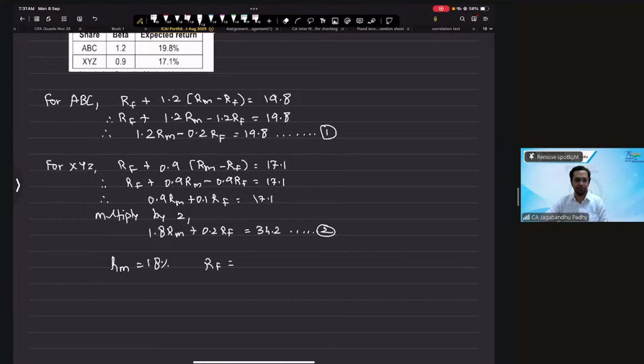What is RF? 0.9, or is it 9? RF should be 9%. Just verify.